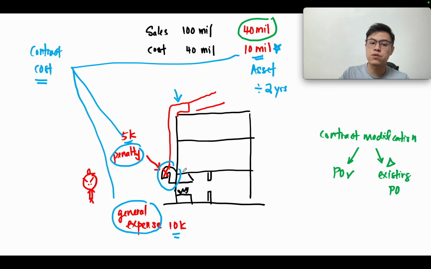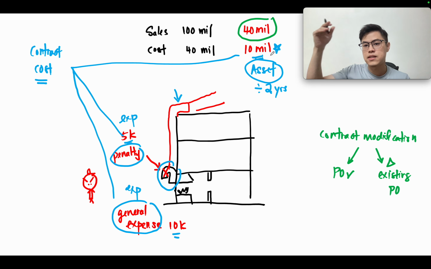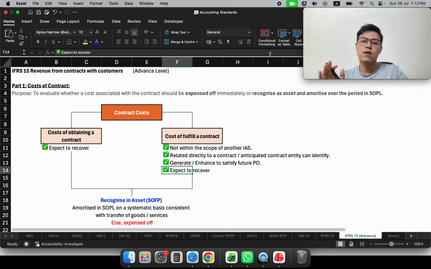And the penalty is also related to the old design, and doesn't relate to the future PO. Therefore, these two costs we will charge to expenses immediately, whereas this one we will keep under our asset, amortized accordingly over the following 2 years. So this is the logic of your contract cost under the first part.